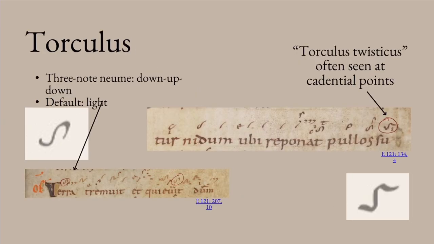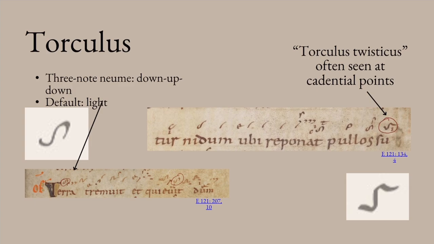Then last but not least, we have the torculus, which is a three-note neume where you start below, then you go above, and then you go below. Down, up, down. Again, default is light. You can see the example there. I have it on the lower left-hand side of 'Terra tremuit.' You can see there's just default light neumes there.